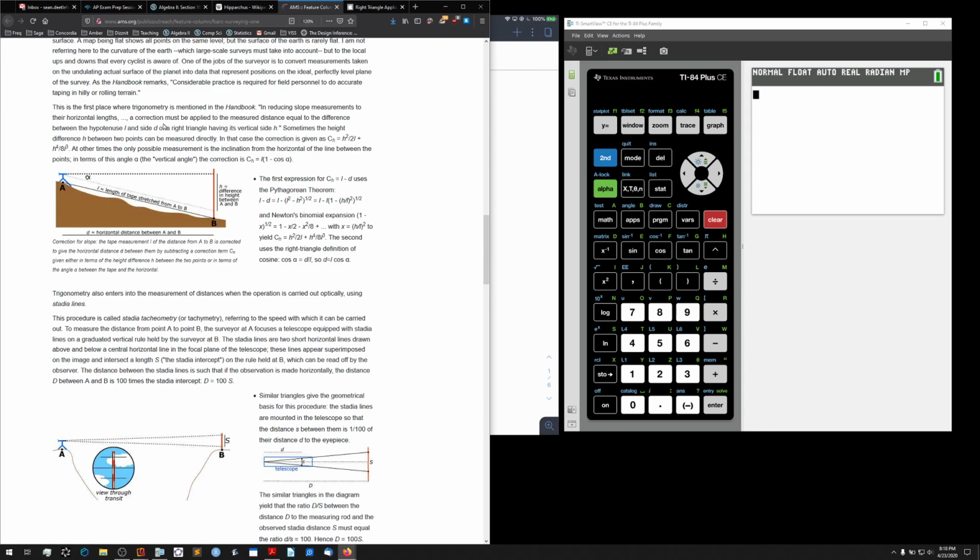You can look at this and quickly see it's just a right triangle. Right triangle trigonometry will enable you to do something which is not very easy to do, especially if the distance from A to B is a very long distance.